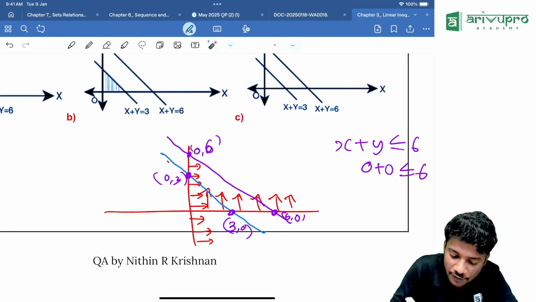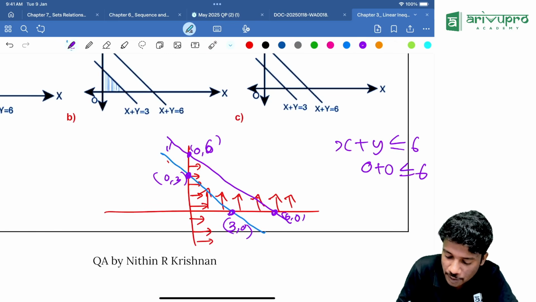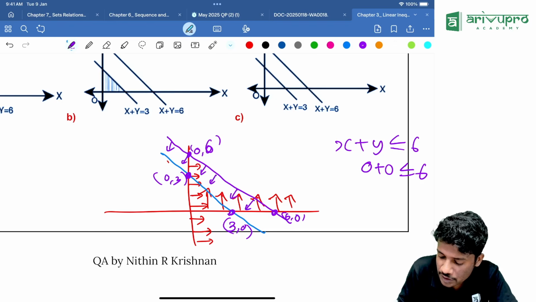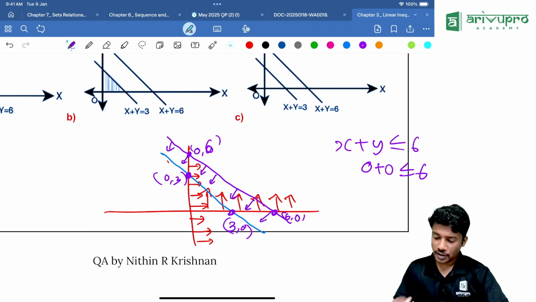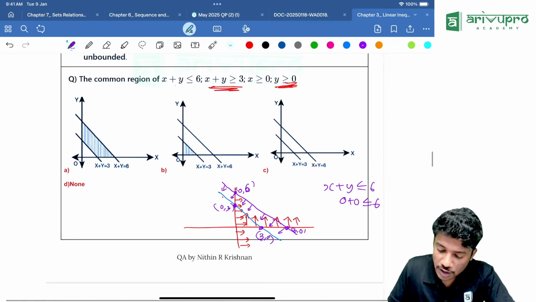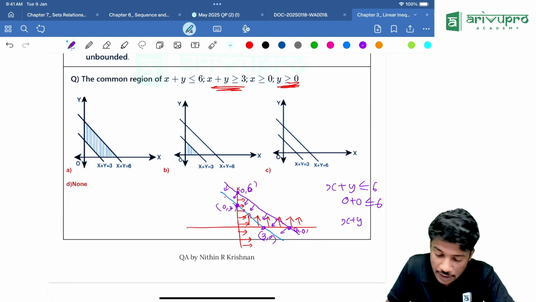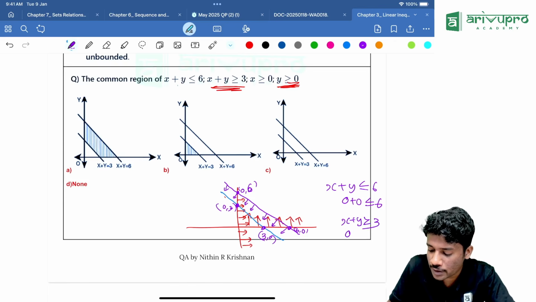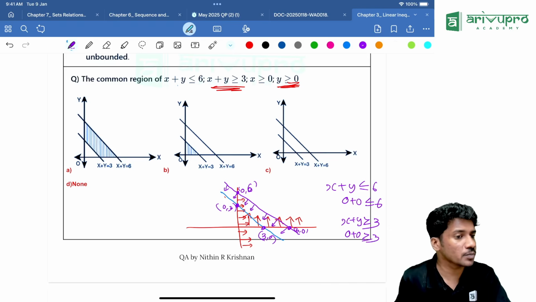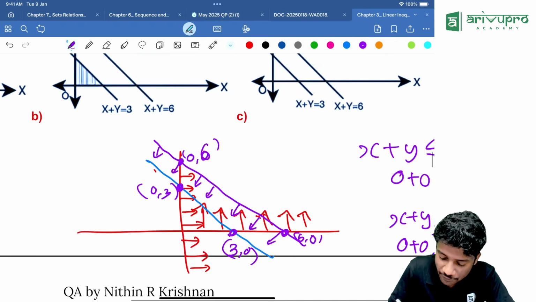The area of the purple graph is towards the origin. Next, the second equation, x plus y greater than or equal to 3. Assume 0 comma 0. That means 0 plus 0 greater than or equal to 3. Is that possible? No, that means it is away from the origin. That means it will be like this.